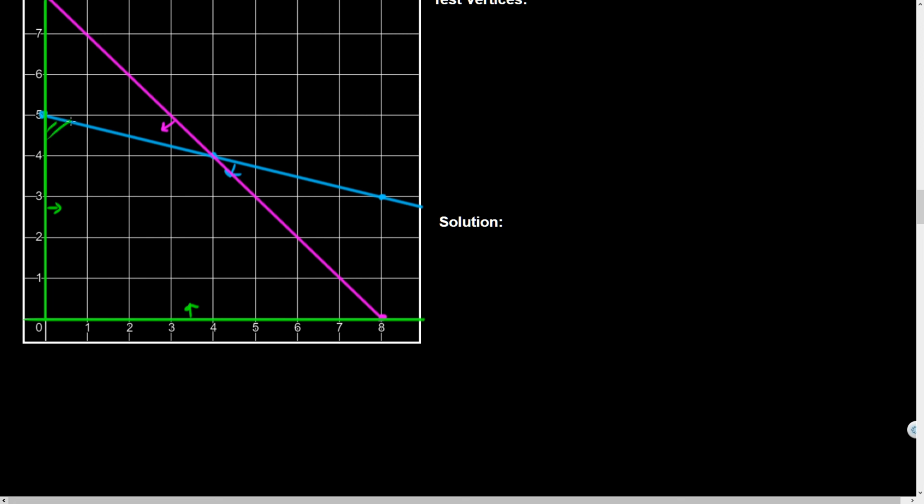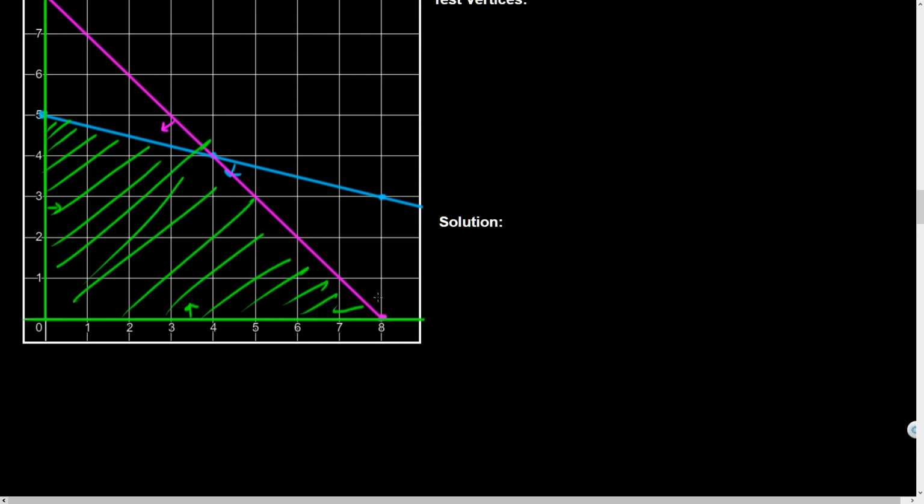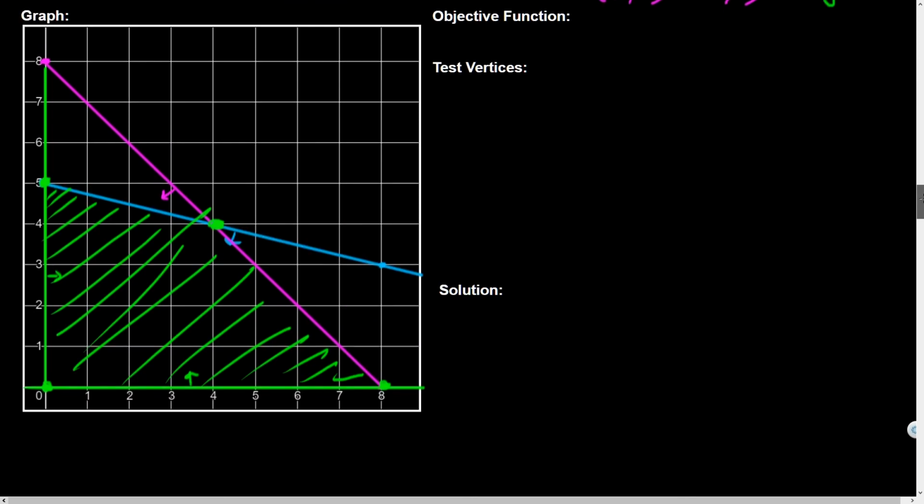If I combine all of these, the end feasible region ends up being this. And these are the vertices, the corners that I'm interested in. Tell you what, I'm going to write those down right now. I've got 0, 0.